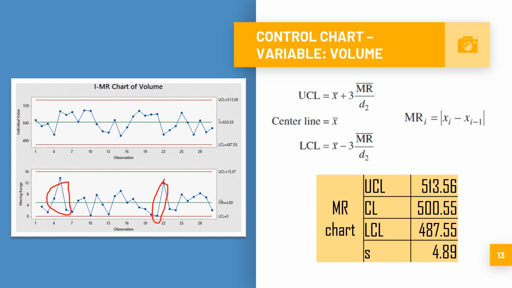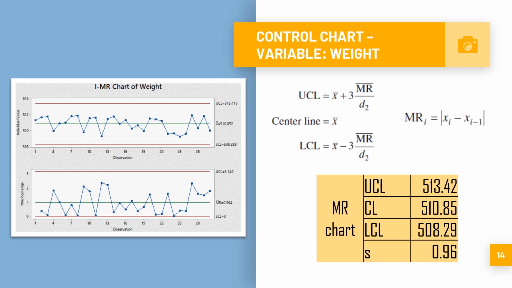Therefore, an assignable cause is needed to prevent a high variation that is prone to create a defect in the variable of volume. In individuals moving range of weight, the process mean is also set as in control.